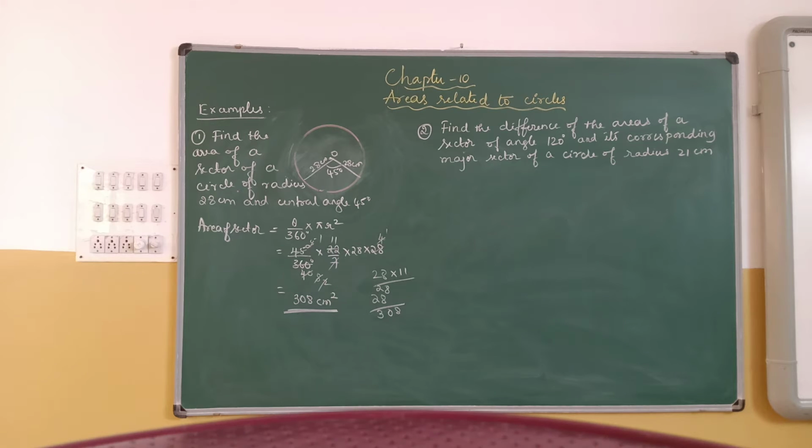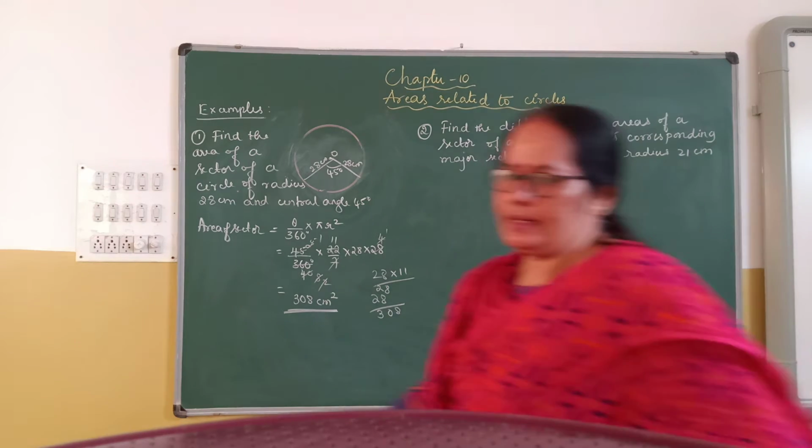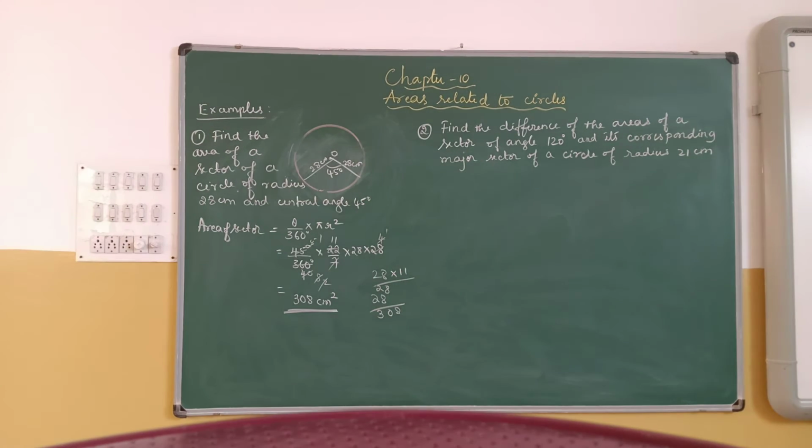Next, second example: find the difference of the areas of a sector of angle 120 degrees and its corresponding major sector of a circle of radius 21 centimeters.